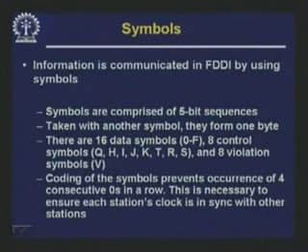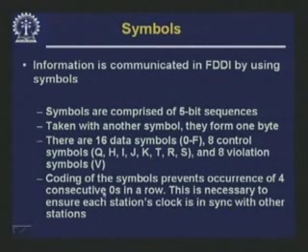symbols which are left. So, 8 are used as control symbols and 8 as violation symbols. The control symbols are called Q, H, I, J, K, etc. The naming is not important. Coding the symbols prevents occurrence of 4 consecutive zeros in a row. This is necessary to ensure each station's clock is in sync with the other station.